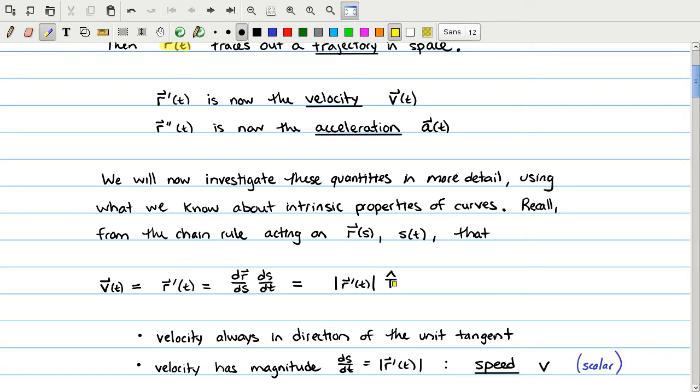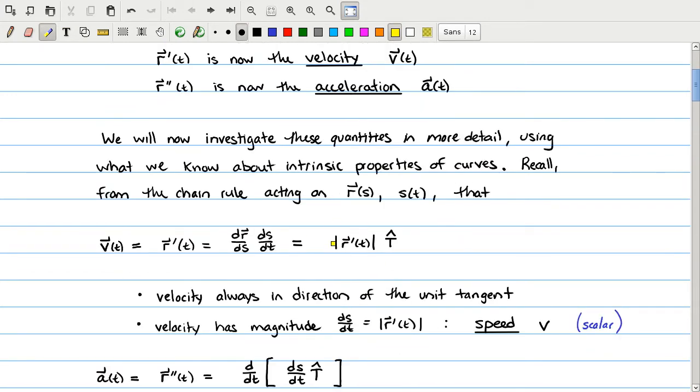And so in this way of writing it, we see a couple of facts. We see that velocity is always in the direction of the unit tangent. That's not an entirely surprising fact, but it allows us to write down velocity in terms of this intrinsic property of the curve. So velocity always goes in the direction of the unit tangent, and its magnitude is always given by the derivative of the arc length function, which we can interpret as the speed.